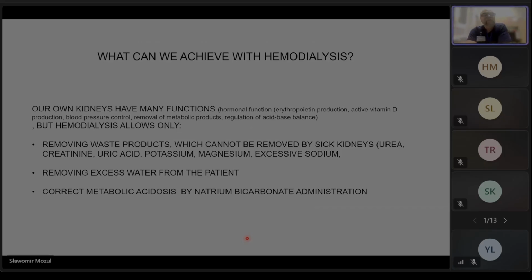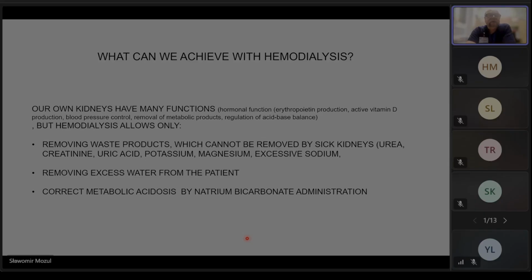What can we achieve with hemodialysis? As you remember, our own kidneys have many functions: hormonal function, for example, erythropoietin production, active vitamin D production, blood pressure control, removal of metabolic products, regulation of acid-base balance. But hemodialysis allows only 3 of them.